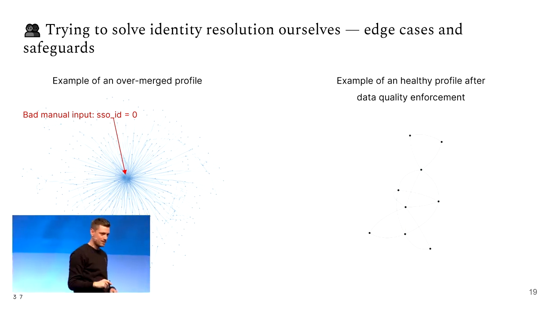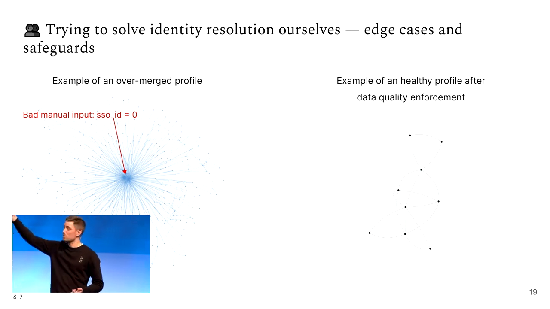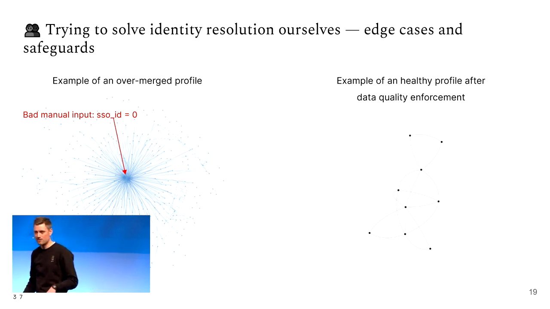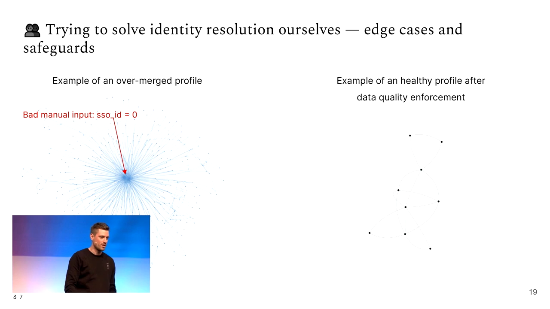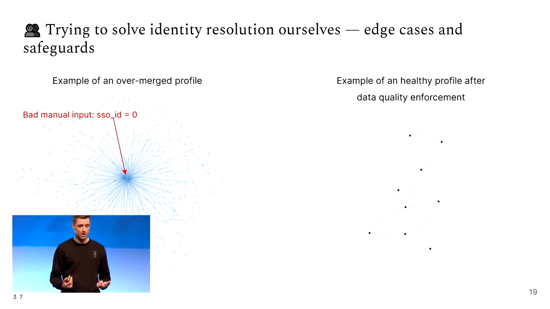Which means that this SSO ID 0 is the node that connects all of the other identities together, and we get this huge identity. This is a problem, because actually what's in there, there's a bunch of people in there. And what we figured out was that SSO ID was being used by all of the technical teams, all of the internal teams, as a testing ID, which means that we kept racking up all of these identities. So we need mitigation policies in order to avoid this in general.